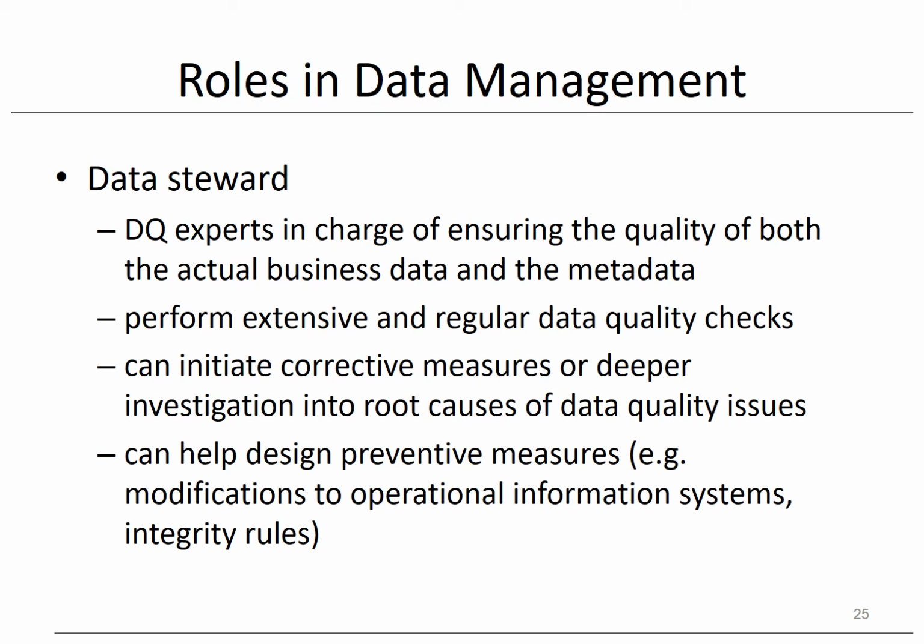The first type of action to be taken is the application of corrective measures. However, data stewards are not in charge of correcting data themselves, as this is typically the responsibility of the data owner. The second type of action to be taken upon the results of the data quality assessment involves a deeper investigation into the root causes of the data quality issues detected.